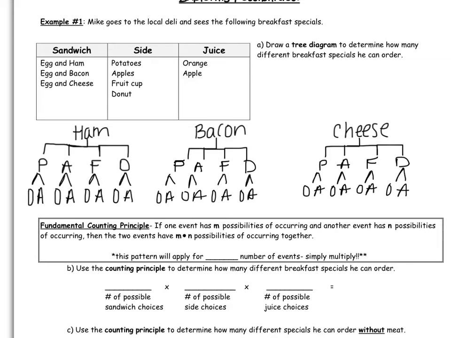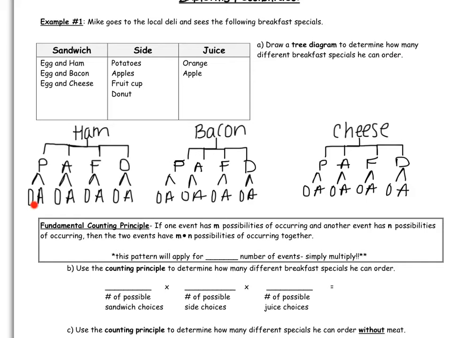Okay. So the question is asking to determine how many different breakfast specials he can actually order. So we can get ham, potatoes, orange juice, ham, potatoes, apple juice, ham, side of apples, orange juice, ham, side of apples, and apple juice. So you see how each one of these 2 branches on the bottom represents all the possible choices.